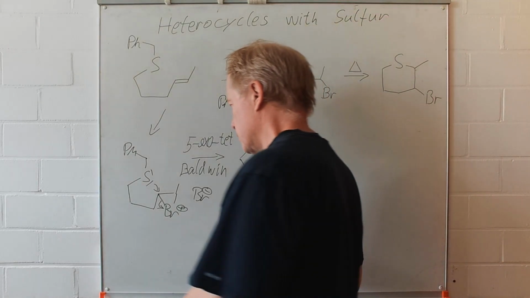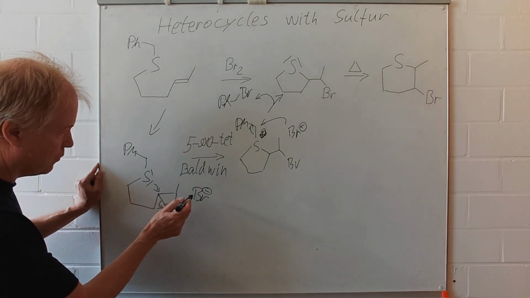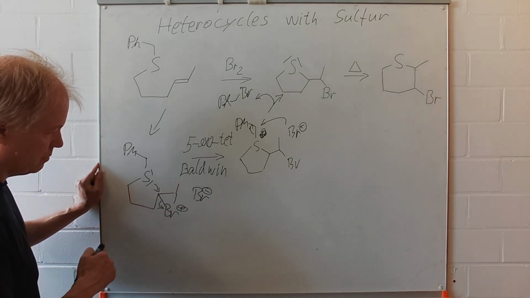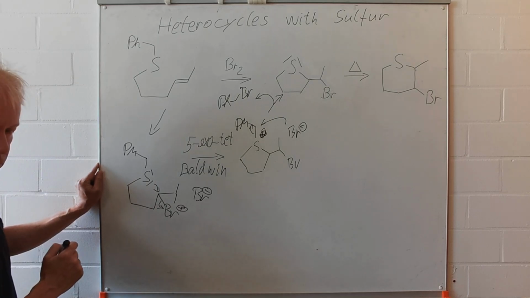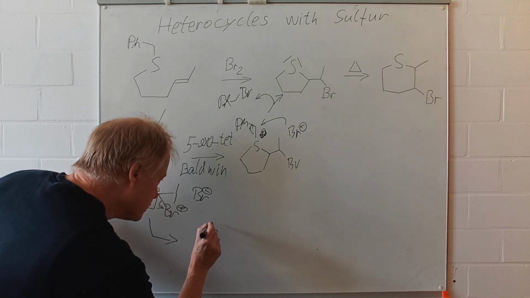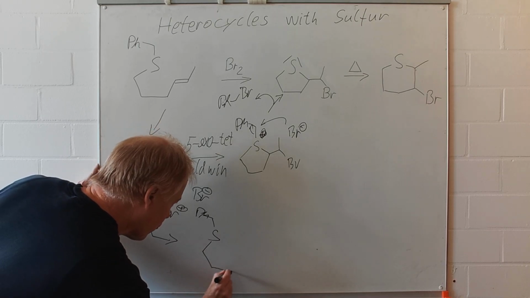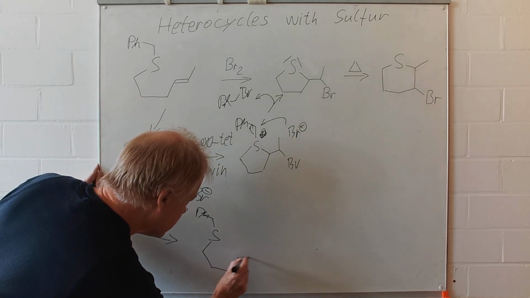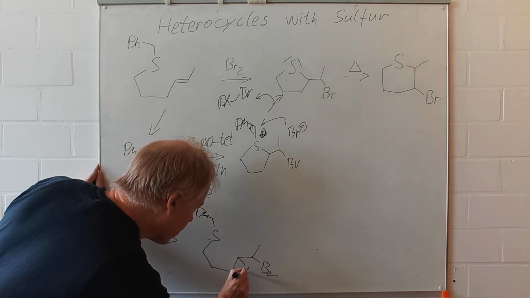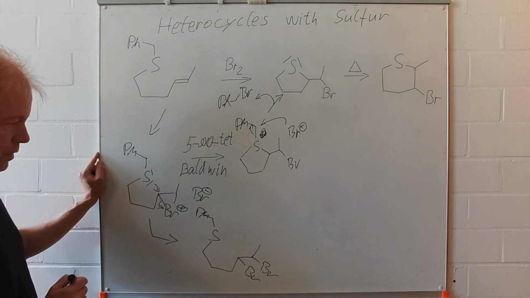Of course, you can suggest that the bromide could also make that nucleophilic substitution on this stage of the reaction. This is indeed the case, it can happen. Then we have the classical addition of bromine to the olefin.